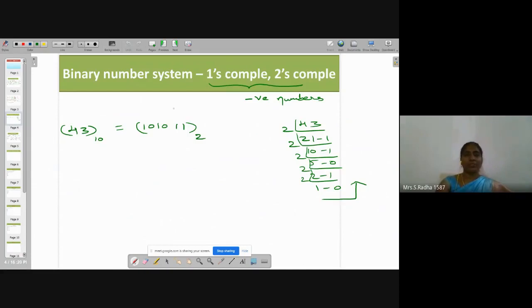How many bits are required for representing plus 43? You can check, maximum 6 bits are required to represent plus 43. If you take minus 43, the first one, what I have done, is unsigned representation.